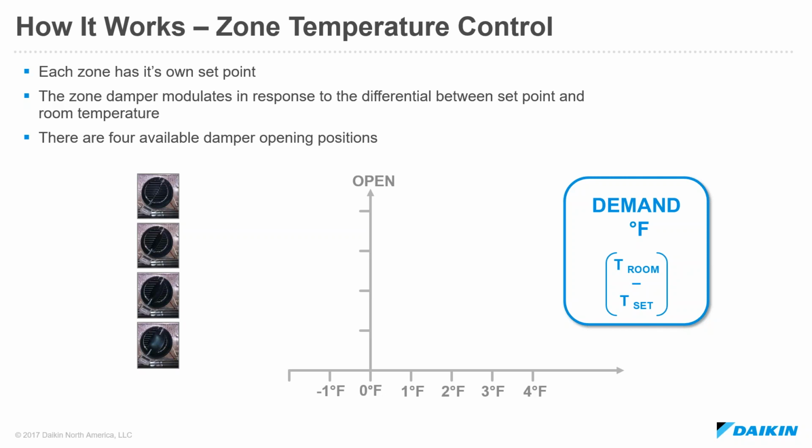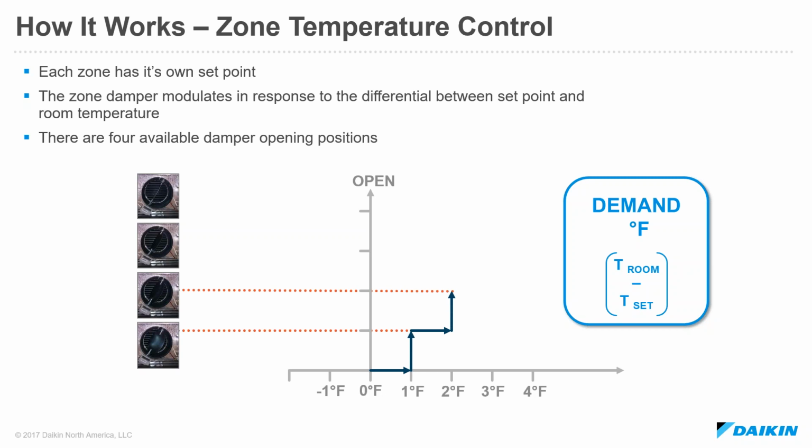So how does the DZK work? If you're not familiar with DZK operation, each zone has its own set point and will modulate its appropriate damper in response to that set point operation. Essentially you have 4 different steps of capacity control.